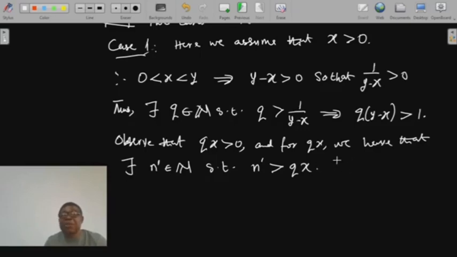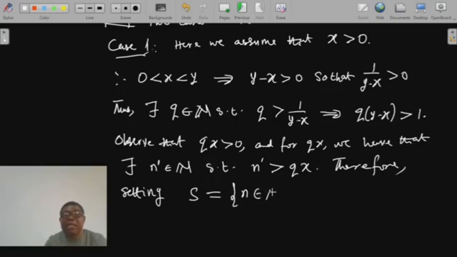This means that if we define S to be the collection of all n in the set of natural numbers such that n is greater than qx, then S is not an empty set, because of the existence of a natural number that satisfies this property.